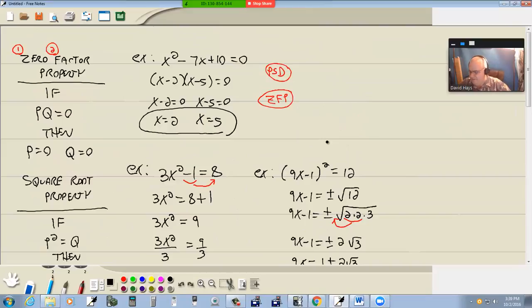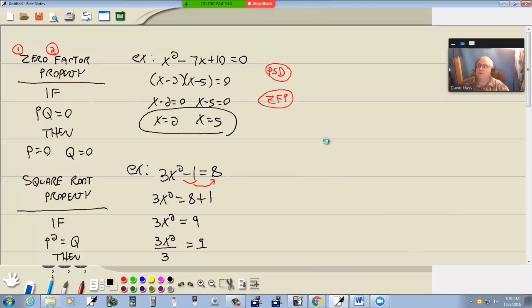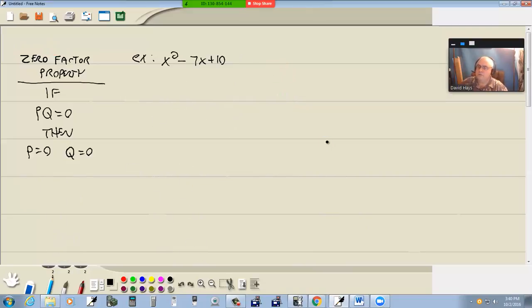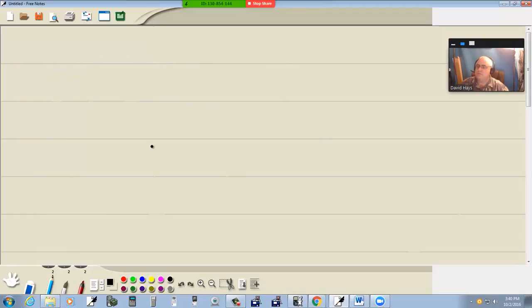Let me clear this off, and then we'll look at the quadratic formula. Now, our quadratic formula is when it's of the form ax squared plus bx plus c equal to 0.